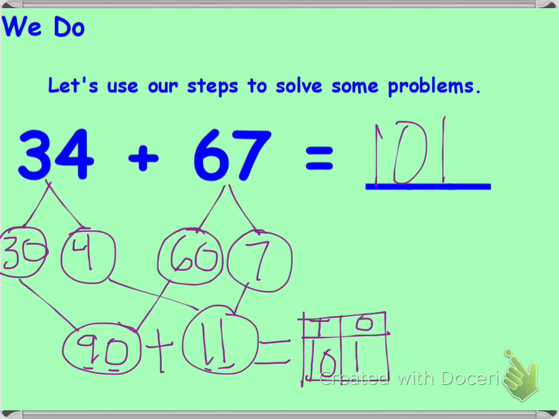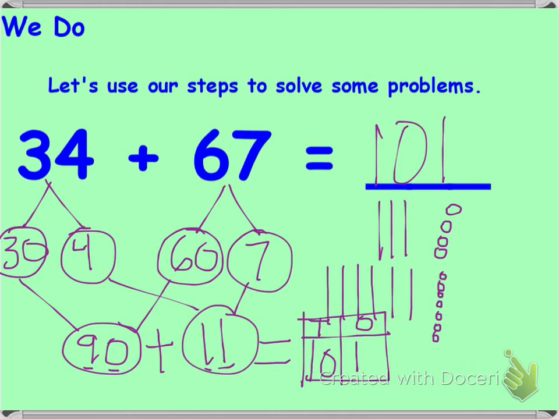Again, we could check our work by doing a picture. You only have to do a picture if you feel a little bit uncomfortable or not too sure about doing the number bunch strategy. So 34 is 10, 20, 30, 31, 32, 33, 34. And 67 is 10, 20, 30, 40, 50, 60, 61, 62, 63, 64, 65, 66, 67.